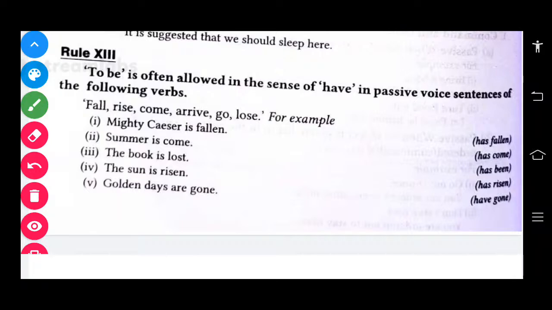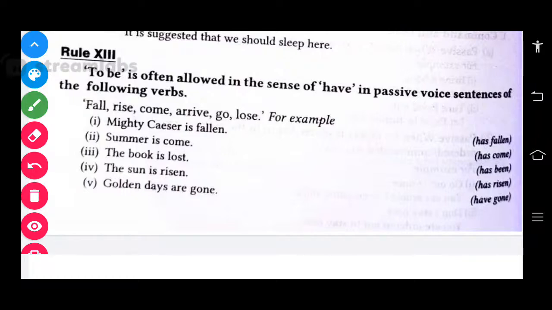You have to look at these verbs. After these verbs, in the sense of have in the passive voice, we can use to be.